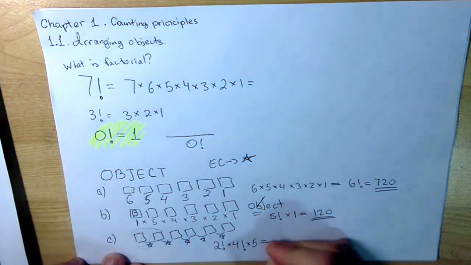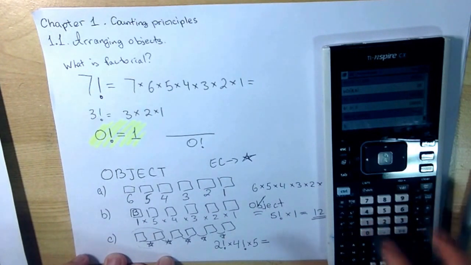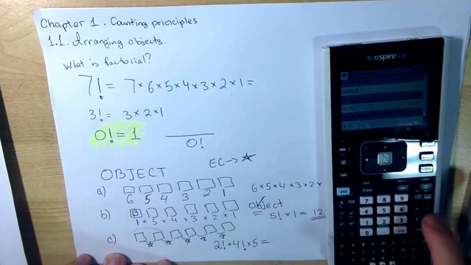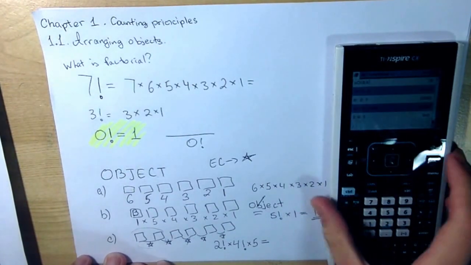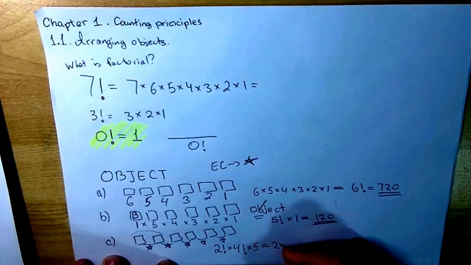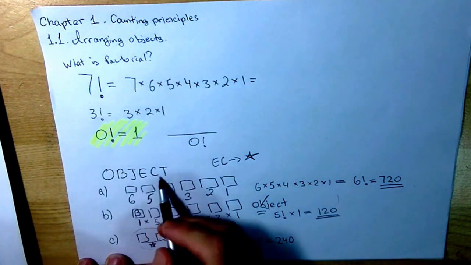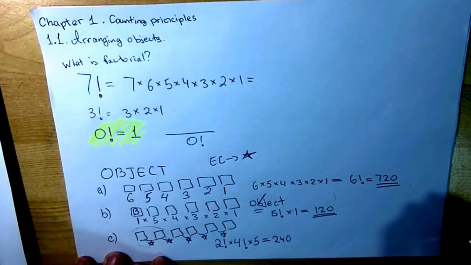So as a result, we have got 2 times 4 factorial times 5, which gives us 240. So there are 240 ways where you can arrange E and C together when arranging the word.